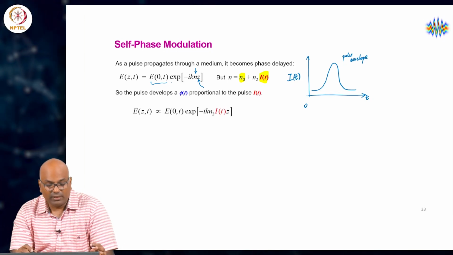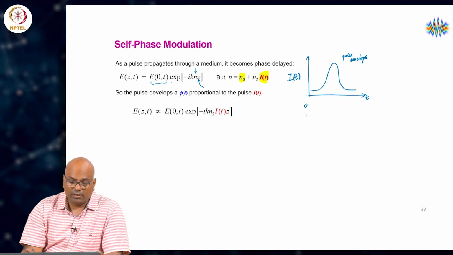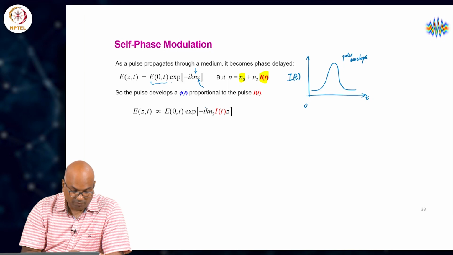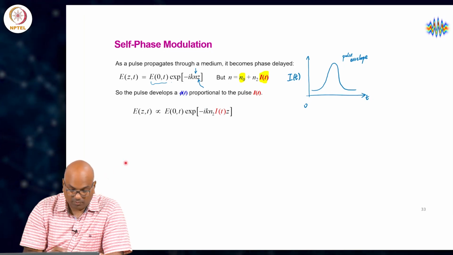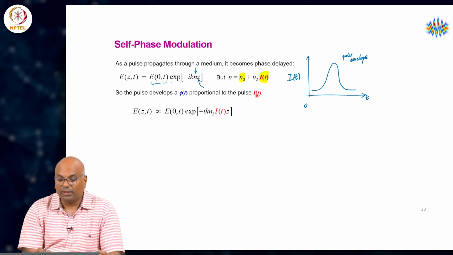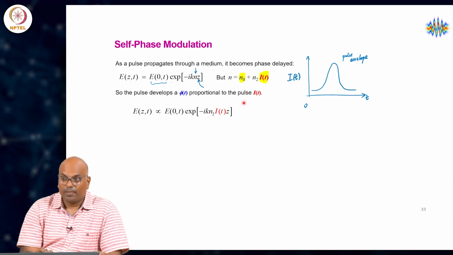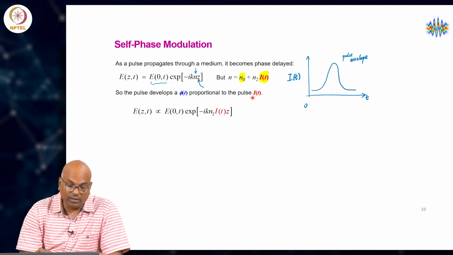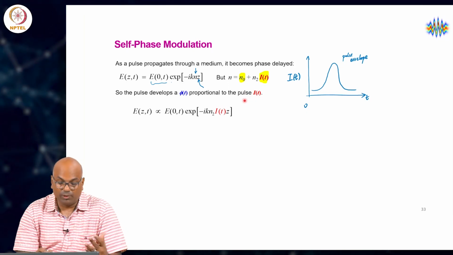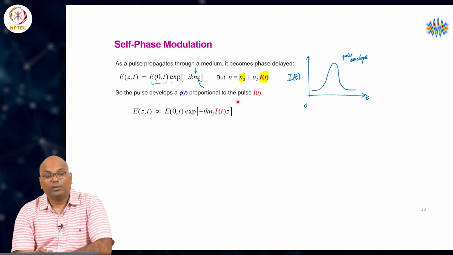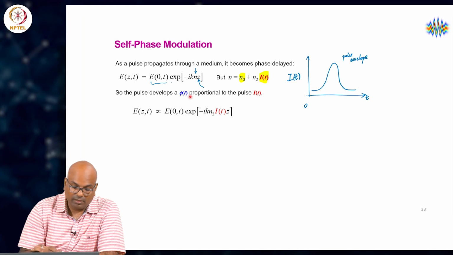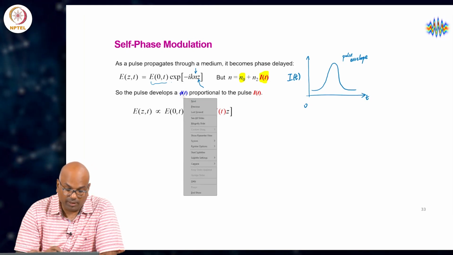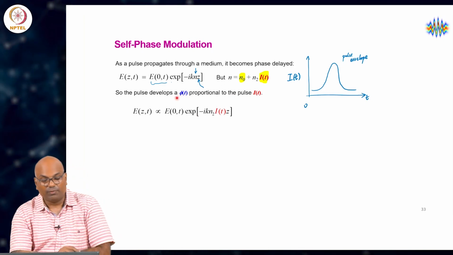So, the pulse develops an instantaneous time dependent phase phi of t, which is proportional to the intensity I of t, the way I depends on time. Therefore, I could be Gaussian, I could maybe be secant hyperbolic, you produce some other kind of pulse, whatever it be. The time dependent phase is imprinted on the pulse by mere propagation through this medium.